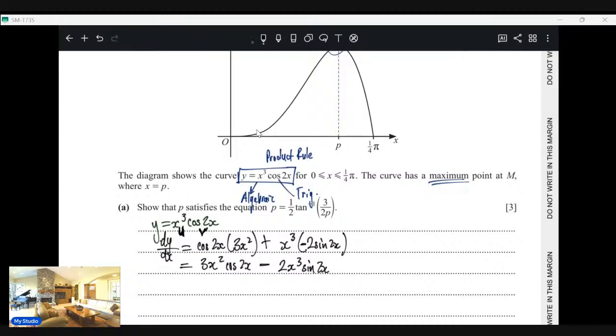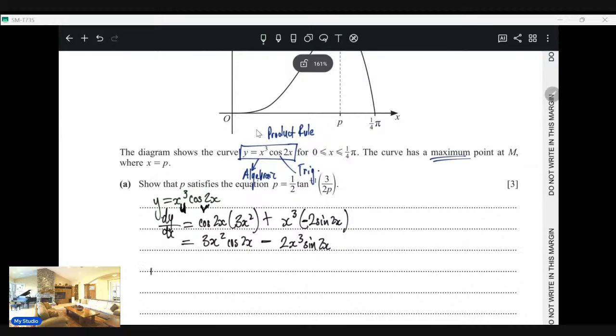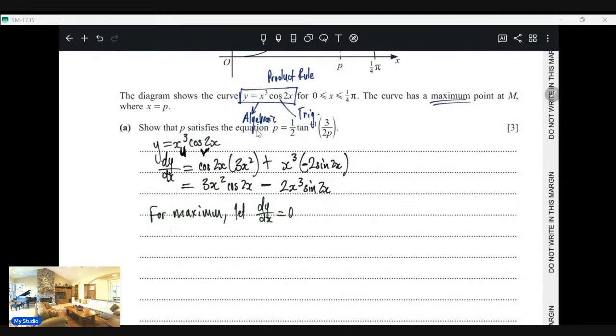Now you're going to say for stationary or for maximum point, whatever. For maximum, you say let dy dx equal to 0, which is going to be 3x squared cos 2x minus 2x cubed sine 2x is equal to 0.